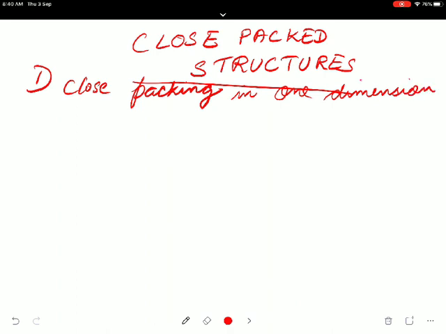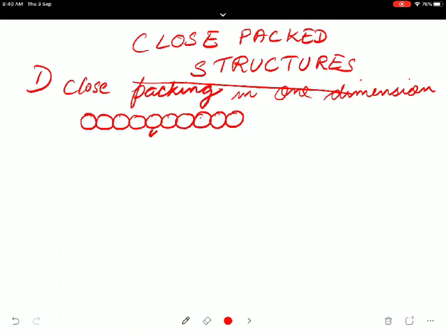Close packing in one dimension is just a row. Atoms are touching each other. Now, if you consider an atom in between, for example this atom, it is touching two atoms, left and right.